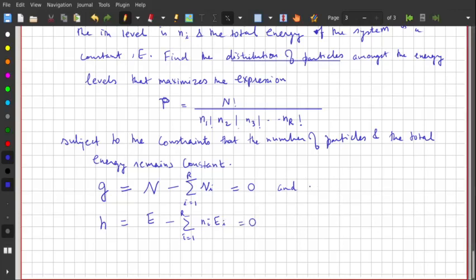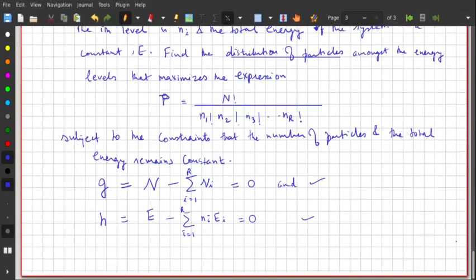So this is the mass conservation and this is the energy conservation basically. Those are the two constraints. Okay, so we got our optimization problem. We have to maximize this expression P subject to these two constraints. Here you see where we will be able to apply the method of Lagrange multipliers to find out the most probable distribution.